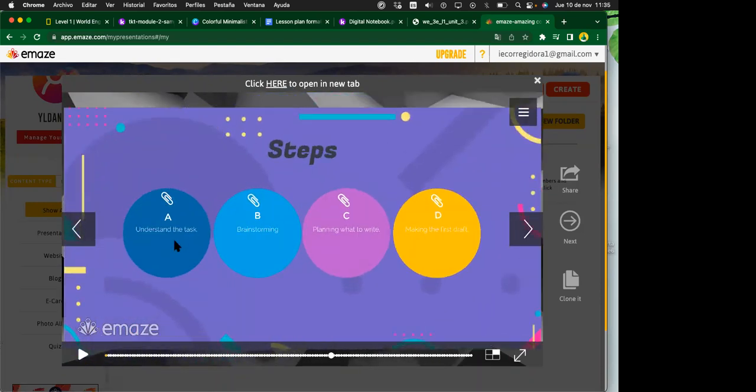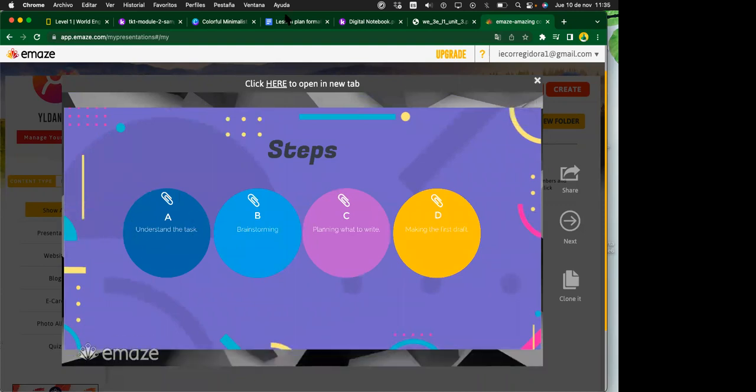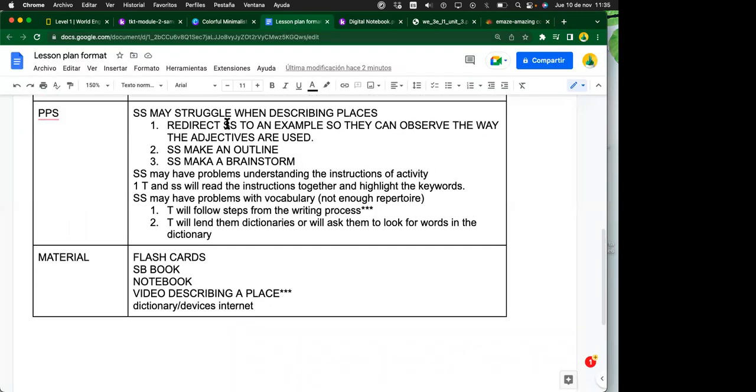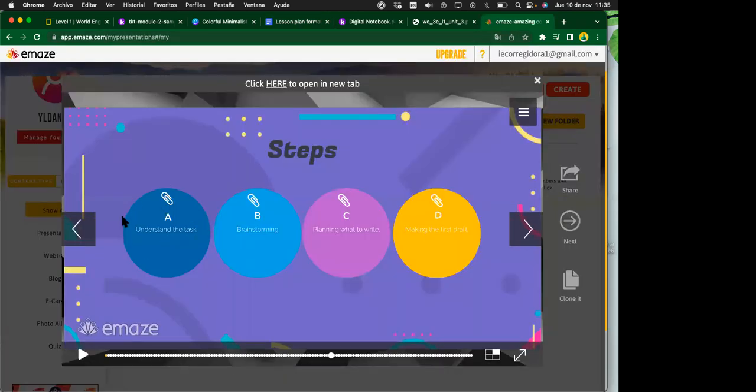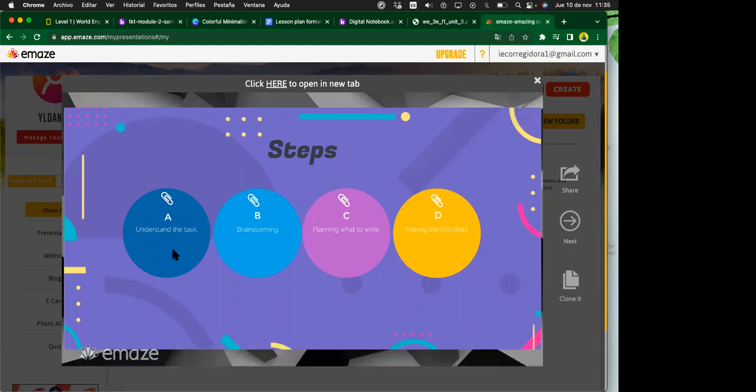Entonces era, we have understanding the task, que actually this understanding the task is one of my possible problems, ¿no? Aquí está. Students may have problems understanding the instructions. I foresee that problem, but I'm going to have the solution in understanding the task.